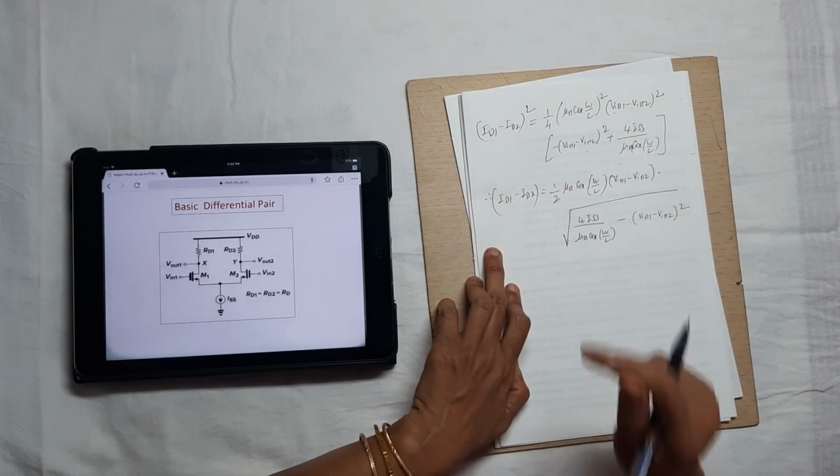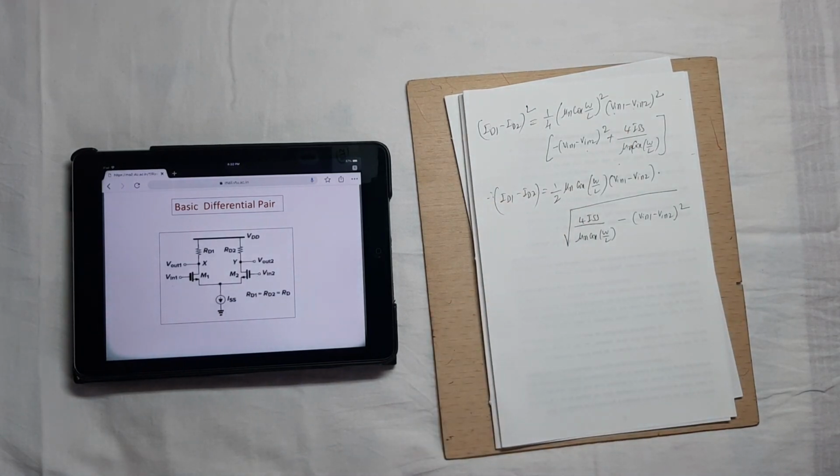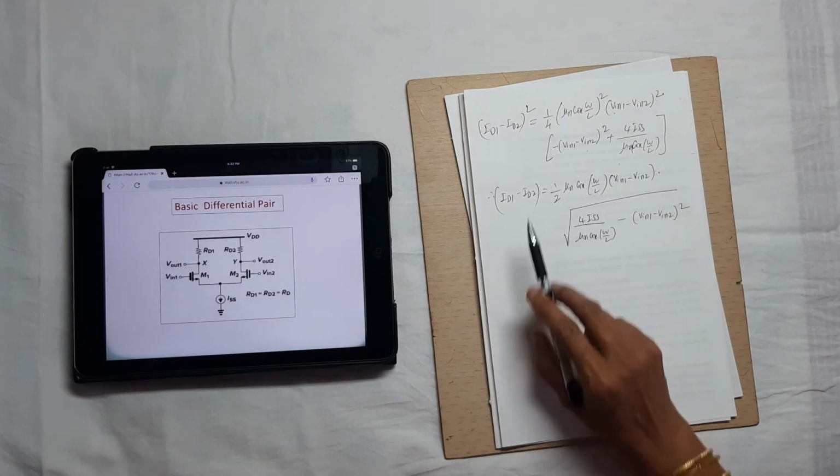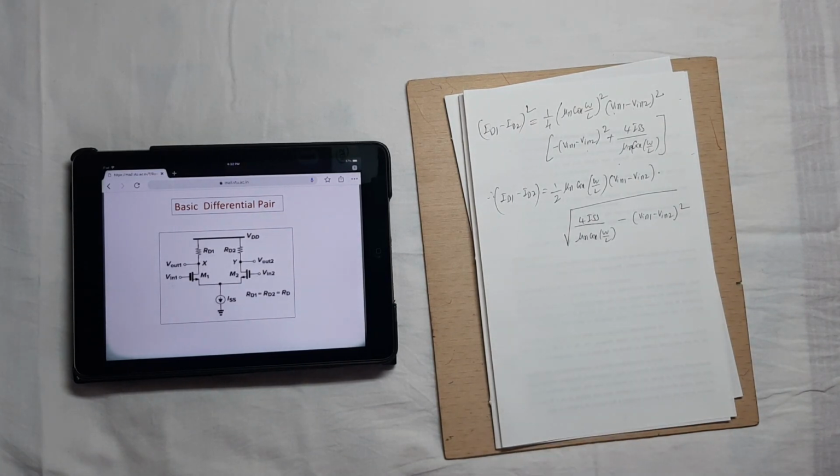We just take a square root on both sides because we need an equation of ID1 minus ID2. See, as expected, ID1 minus ID2 is an odd function of V in 1 minus V in 2, falling to 0 for V in 1 equal to V in 2. So from this expression, we need to derive what is the expression of the gain.